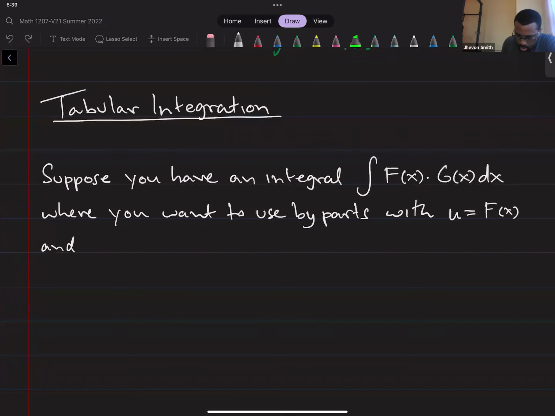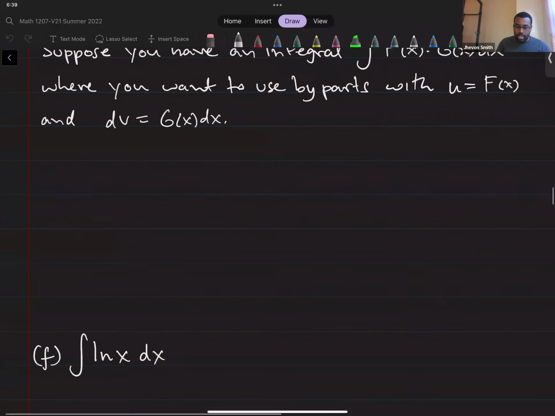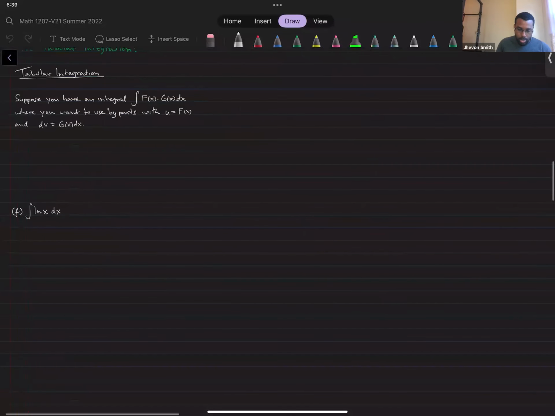So you have an integral where integration by parts is going to work. I'm going to pick the function f to be the u and the other function g to be the dv. You can actually set this integral up, and I'm going to need a lot more space to talk about this.